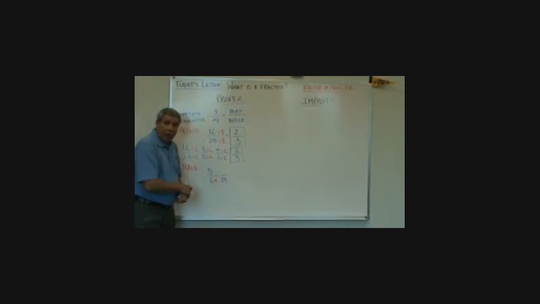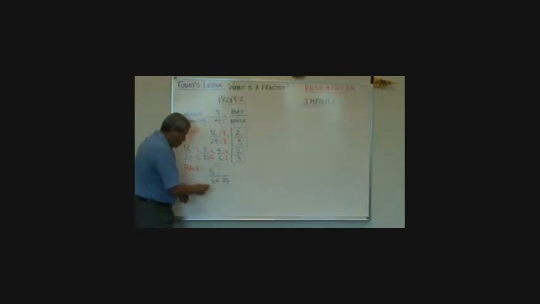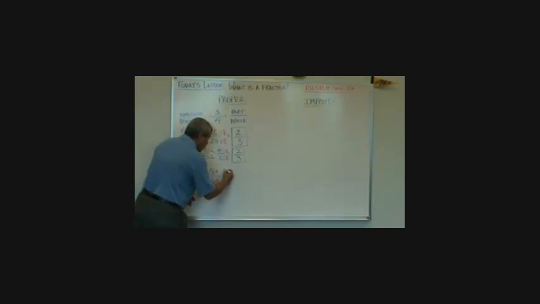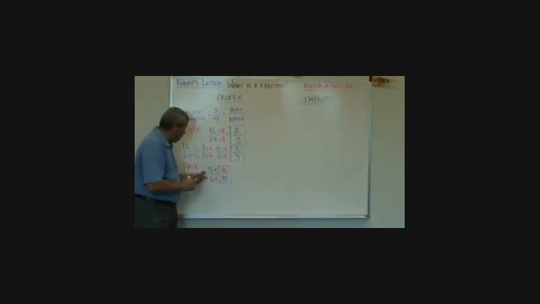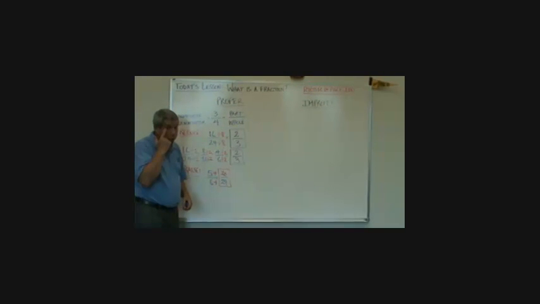We can use a dot in the middle of the two numbers to show multiplication, okay? Whatever we do to one, we must do the same thing to the other. 5 times 4 is 20. Now I have raised the fraction 5 over 6 into 20 over 24.